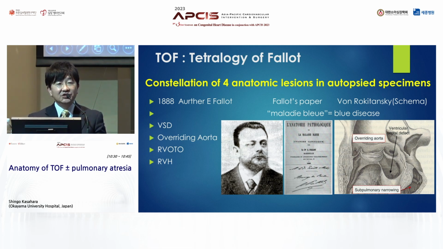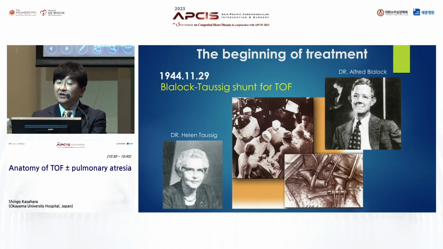In 1888, Dr. Fallot published on blue diseases, including the VSD, overriding aorta, right ventricular outflow tract obstruction, and right ventricular hypertrophy. The beginning of the treatment was just a Blalock-Taussig shunt, not intracardiac repair.